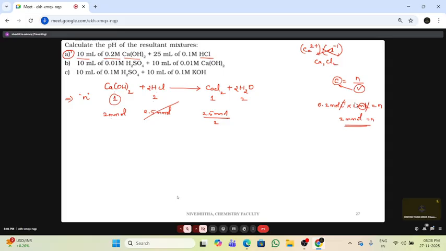So can you please tell me how much quantity of calcium hydroxide was involved in the reaction, and how much is the remaining quantity? So 2.5 divided by 2 is?